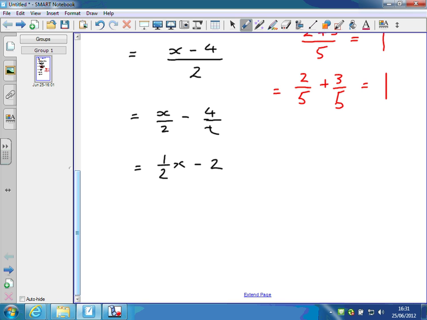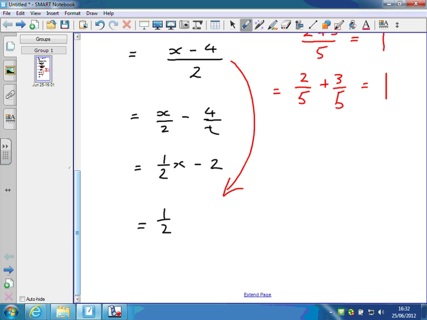So we've got x over 2 minus 4 over 2. Actually, what the textbook has done is gone to here and just written that as x minus 4 divided by 2, which is the same as timesing by a half.